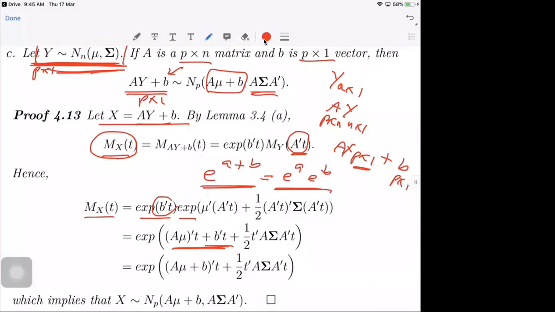Is that the same? So this is a mu prime A prime plus B prime, and this one can be written as A mu prime plus B prime. So it's just the same. Okay?